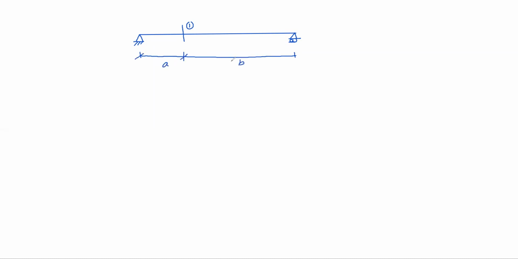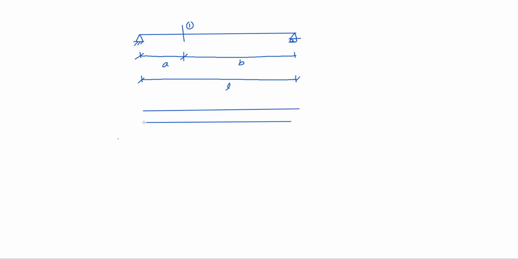This is A, this is B, and the total span is L. I would like to show you the same thing in a double line diagram, like this.